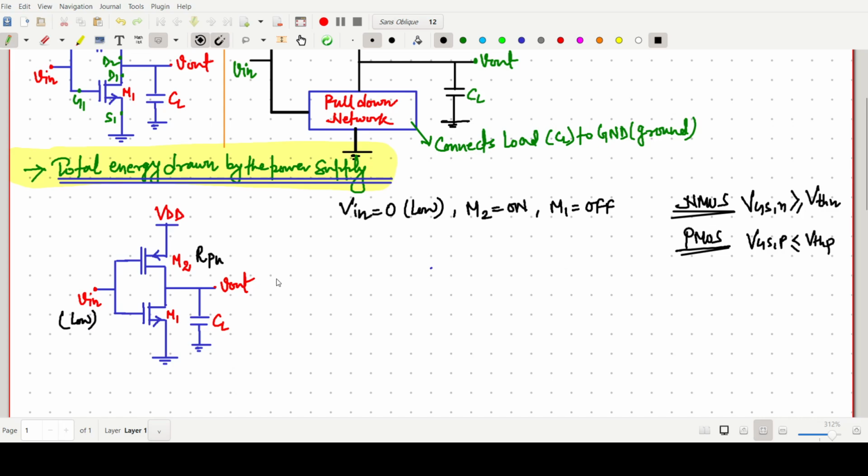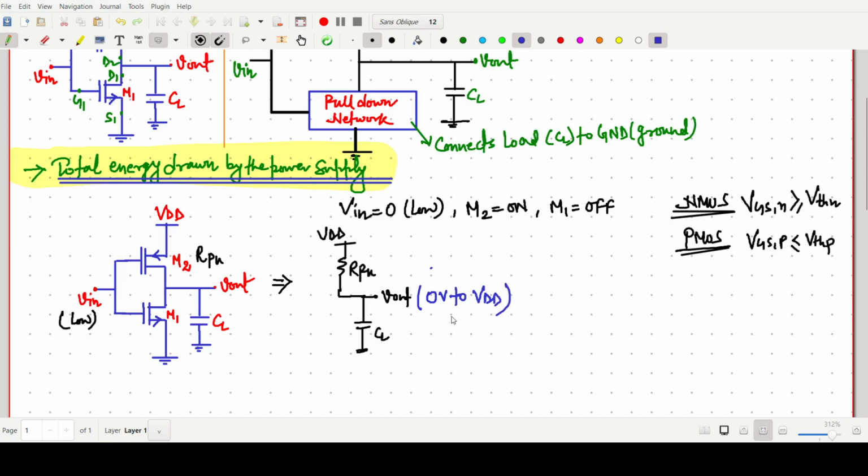So when this one is off, there is some resistance, say RPU, pull-up resistance. The same circuitry can also be remodified as RPU, this one will be VDD, and this will be our CL, and this will be our V output. For a low input, it will be high. The voltage across the capacitor is initially 0 volt, and for a low input it will charge up to VDD volt.